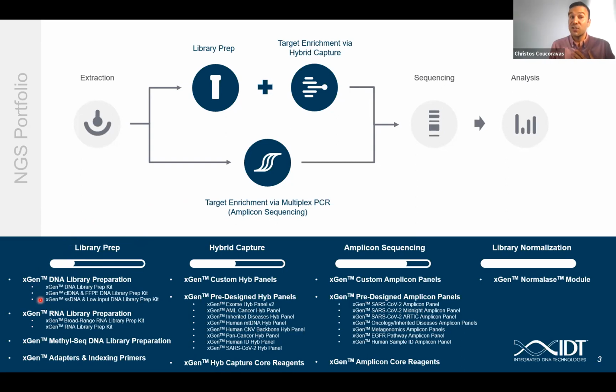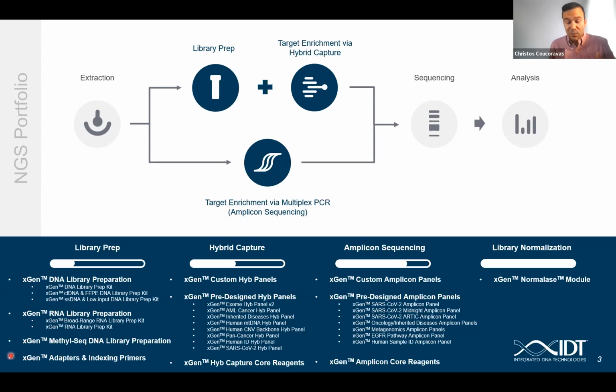We have kits for more challenging samples like cell-free DNA and degraded FFPE samples, as well as single strand or low input samples. We have solutions for RNA library preparation, either again for normal, good quality samples or more challenging like low input or degraded samples. And we have also methyl sequencing library preparation kits.